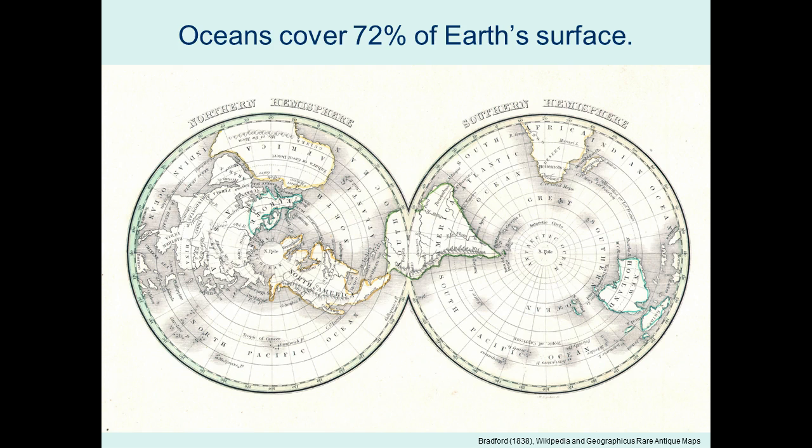So in the northern hemisphere, we tend to think of the important influence that the land has on the climate, and we'll see that later in the course. Whereas in the southern hemisphere, the oceans really dominate the climate.